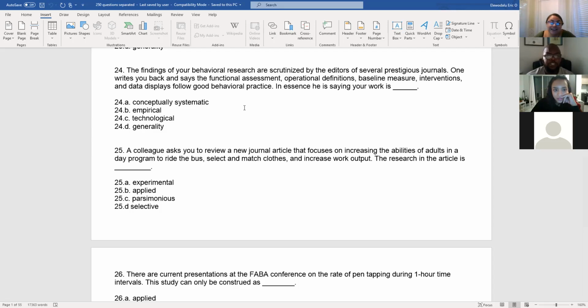Yes, that one's better. Conceptually systematic. What is conceptually systematic? The definition. Following the procedure. You go back to the basics and you follow all the ABA principles. Okay, let's see, 24. Awesome.